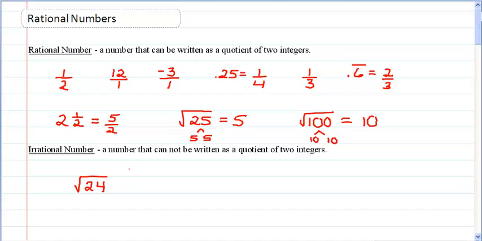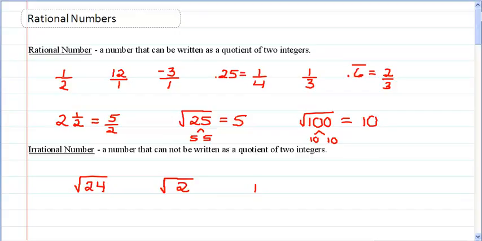So since there aren't two numbers that are the same that multiply to 24, the square root of 24 is considered irrational. Another example would be the square root of 2, for the same reason. When you have a number under the square root symbol, you need two of the same numbers to multiply to it for it to be a rational number.